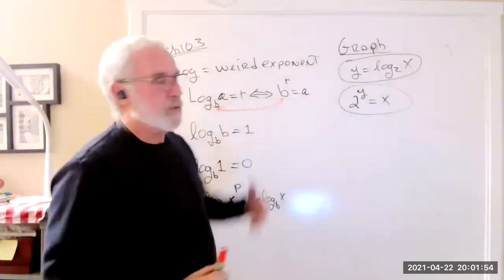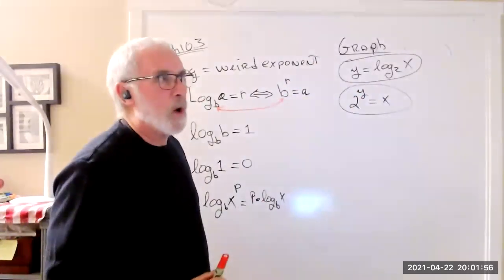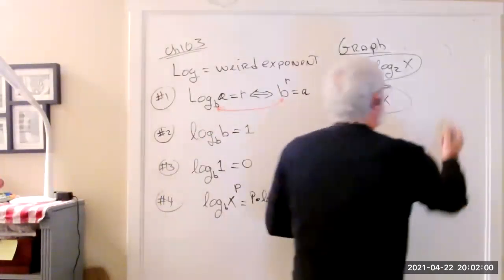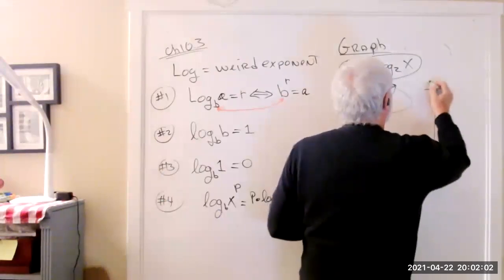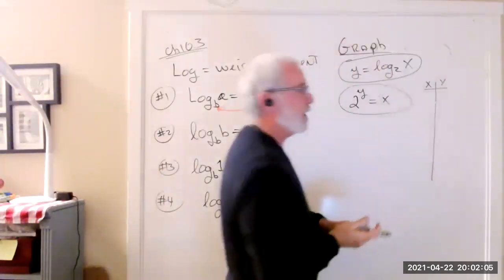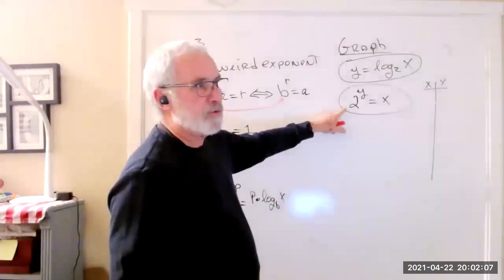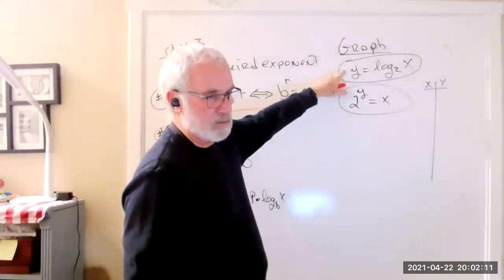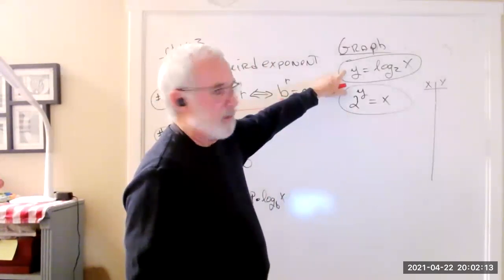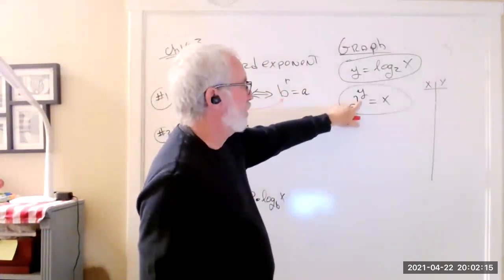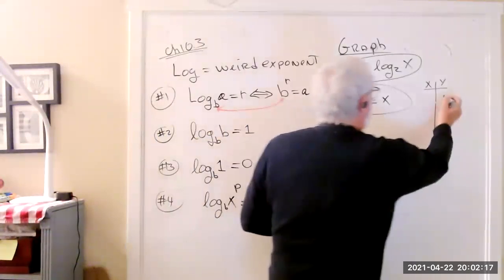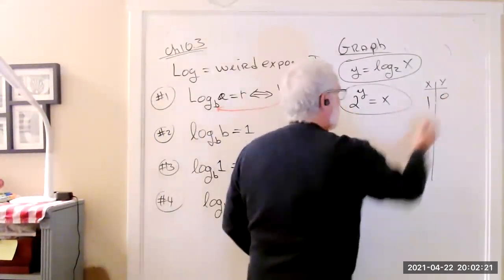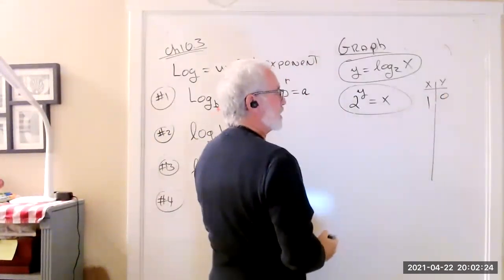All right. Well, then the next question is, well, so what? Watch. It's much easier to build a table of values from this problem than it is from this problem. But in this case, we're going to start with y. What if y were 0? 2 to the 0 is 1. X is 1.